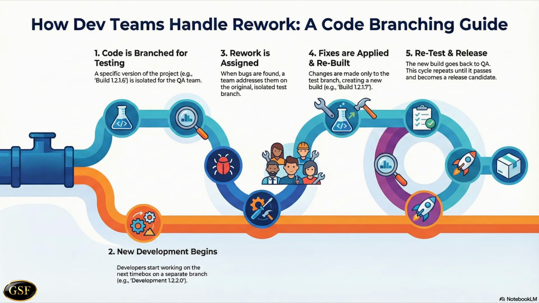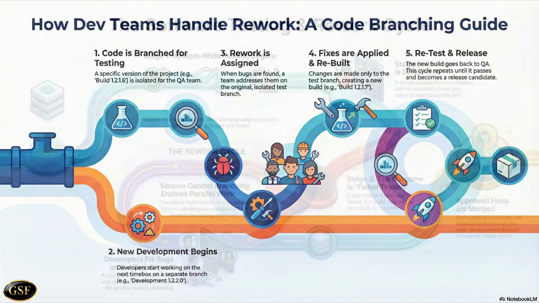So when the part of the development team tasked with the rework phase of the first time box need to make changes, then they will be made to the build version 1.2.1.6 branch. This will, as before, go through the unit testing and automated build cycle once more, becoming build version 1.2.1.7, and will again be passed to the testing or quality assurance team to check.